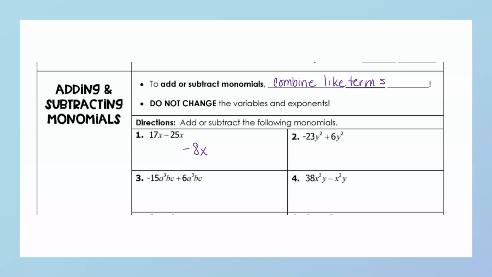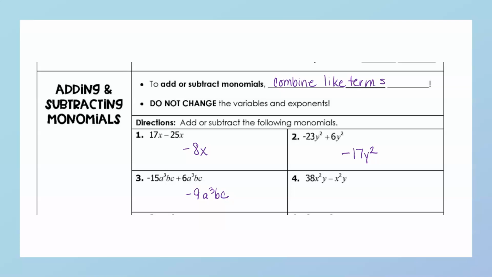Number 2, negative 23y squared plus 6y squared. You keep that y squared, and negative 23 plus 6 is negative 17y squared. Negative 15a cubed bc plus 6a cubed bc is negative 9a cubed bc.